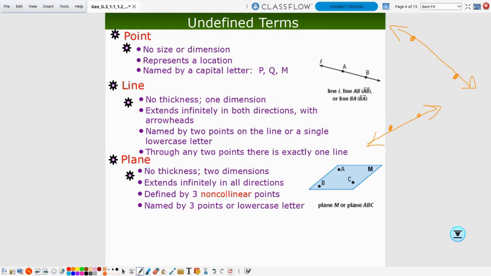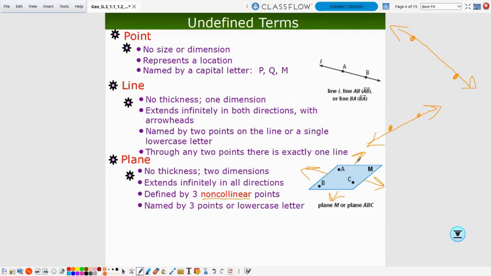And the third word we're going to define is a plane. It has no thickness, but goes in 2 dimensions. It extends infinitely in all directions. So this is going here and there, here and there. It's kind of like a big flat piece of paper. It is defined by 3 non-collinear points. Non-collinear means that the 3 points do not form a straight line.